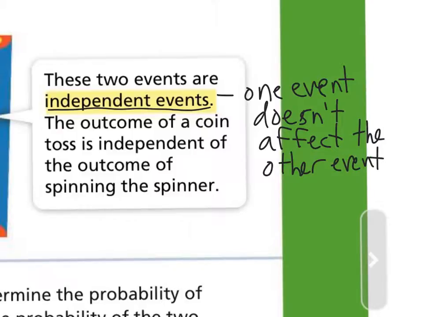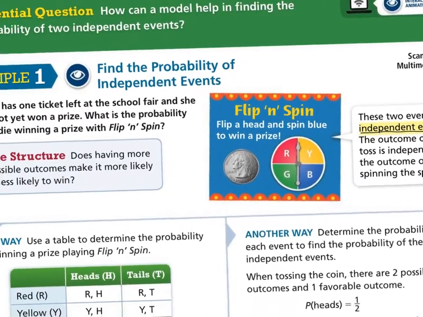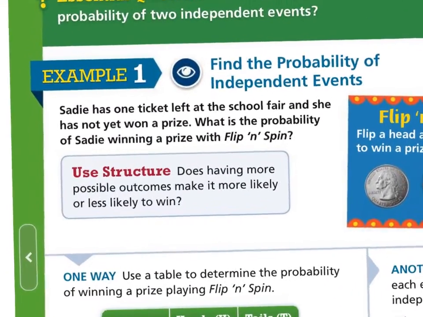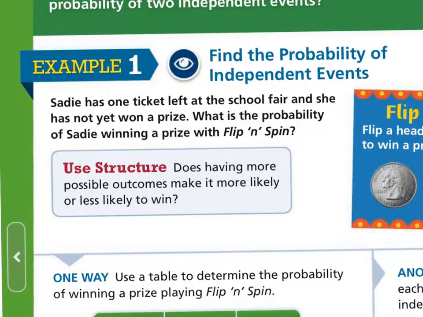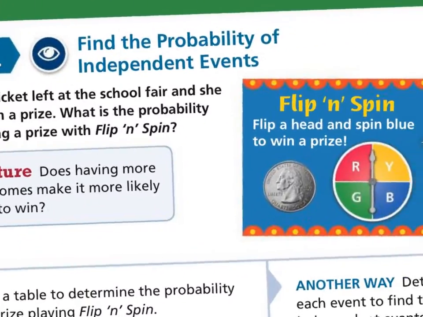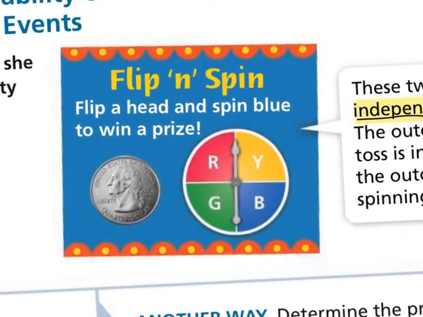So if we look at this example, Sadie has 1 ticket left at the school fair and she has not yet won a prize. What is the probability of Sadie winning a prize with flip and spin? So flip and spin, it says flip a head and spin a blue to win a prize.